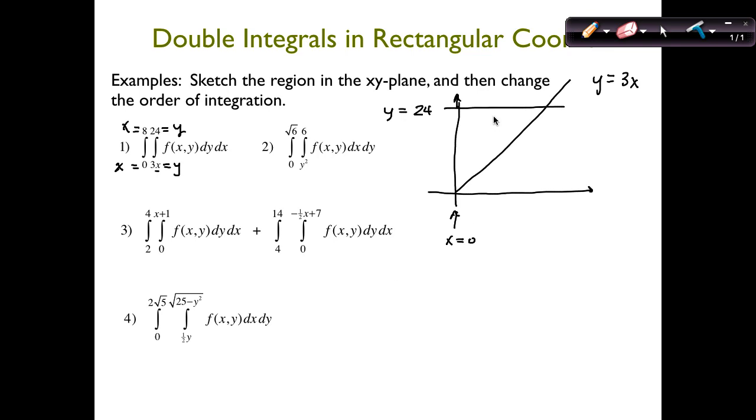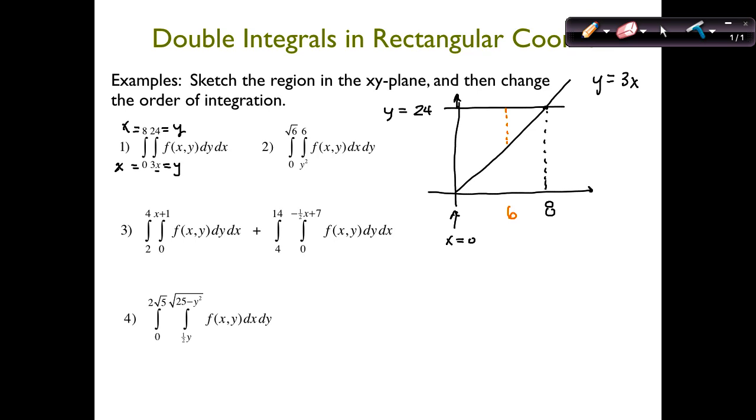Now 8 could be anywhere. It doesn't have to be this intersection. 8 could be here, it could be here. But in this case it does happen to be the intersection, but it doesn't have to be. It would be totally valid for this to be x equals 6, and then our region would be just that much.